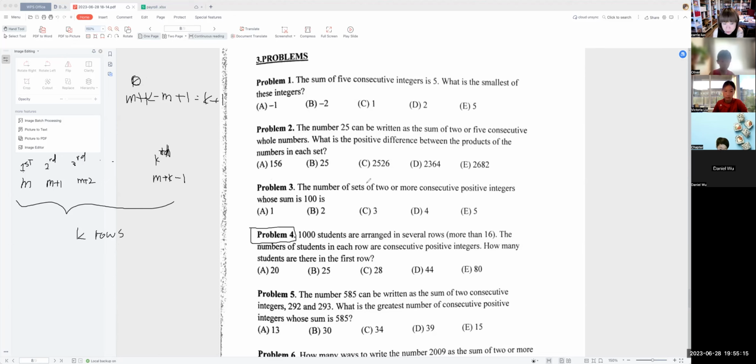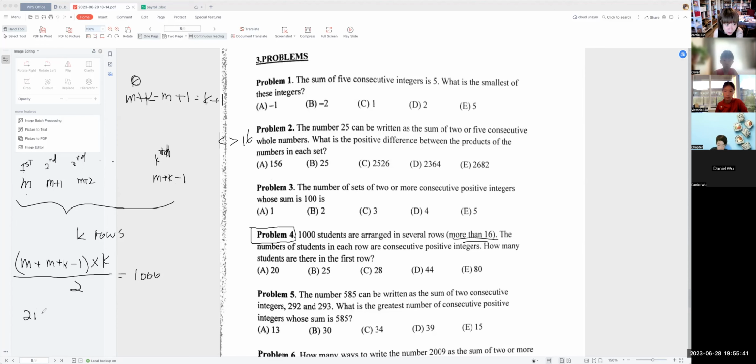Okay? 好，and we know k is bigger than 16. Right? Okay, so now we can have the first one plus the last one and times k and divided by 2 equals 1000. Correct? Because when we calculate the consecutive numbers together, it's the first one plus the last one times how many numbers in there divided by 2 equals this one.